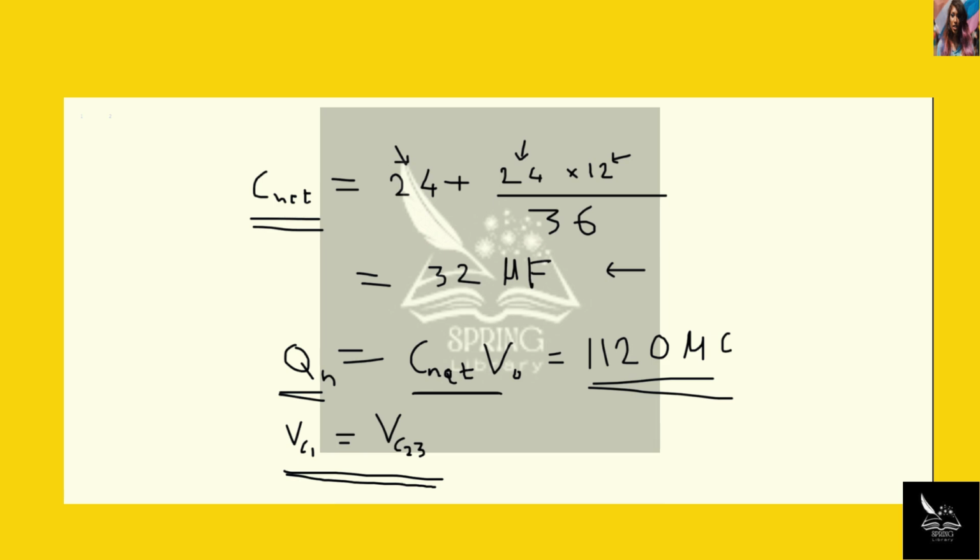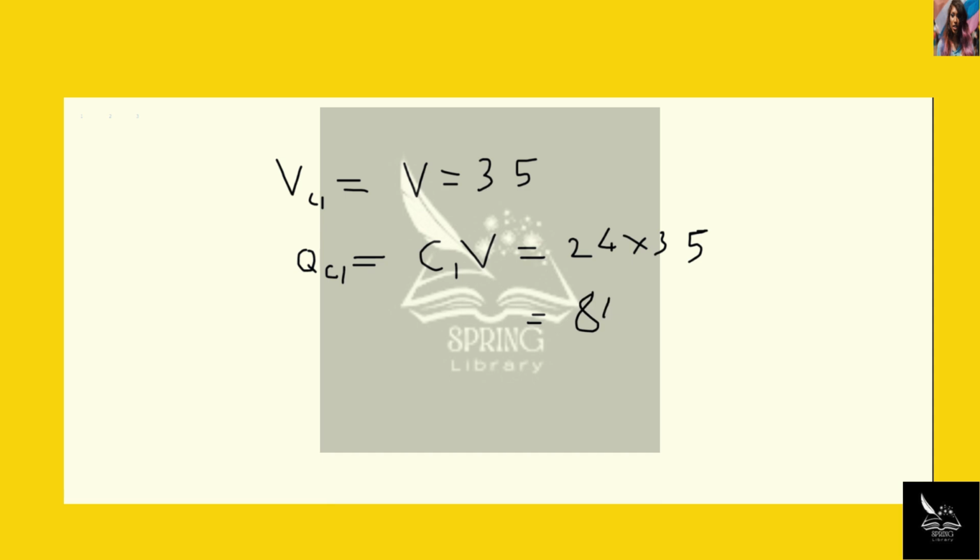Now, since the potential drop across C1 is equal to V, that is 35, we can find out the charge across C1, which is equal to C1 times V, which is equal to 24 times 35. This is equal to 840 microcoulomb.